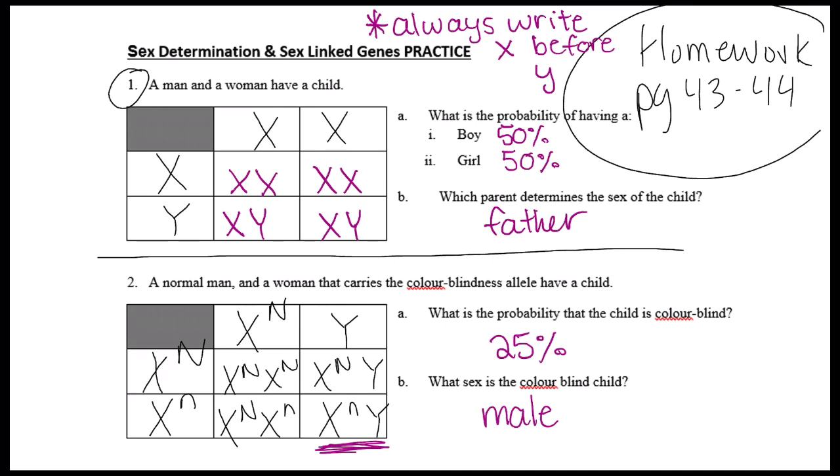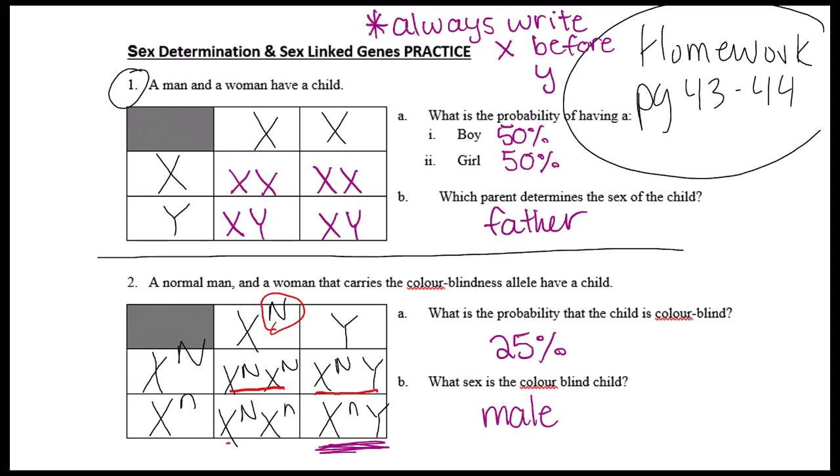Number 2, a normal man and a woman that is a carrier for the colorblindness allele have a child. What is the probability that the child is colorblind? The man is normal, so he does not carry the gene, so he has the capital N allele, and the woman is a carrier. If we cross these, the first child is completely normal. The second child is a male who is normal.